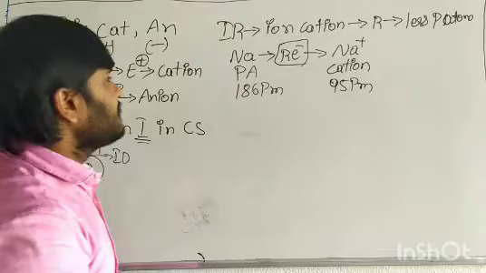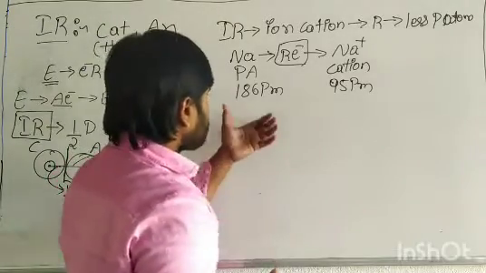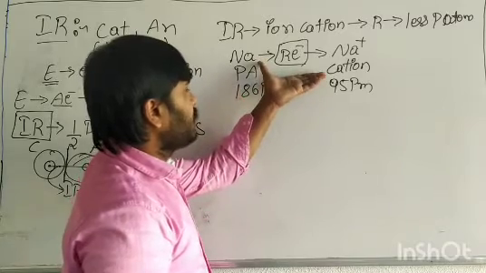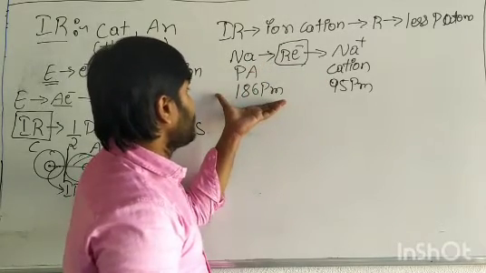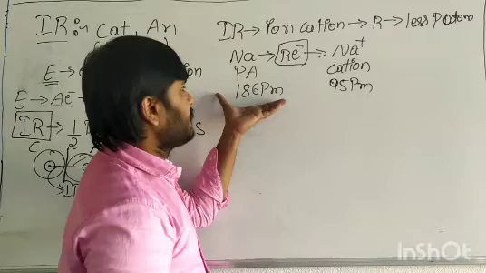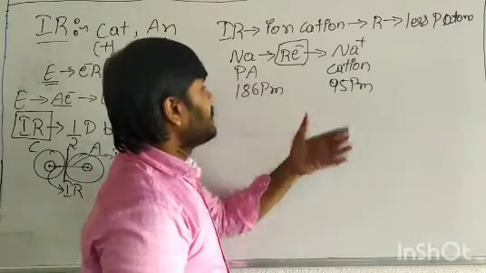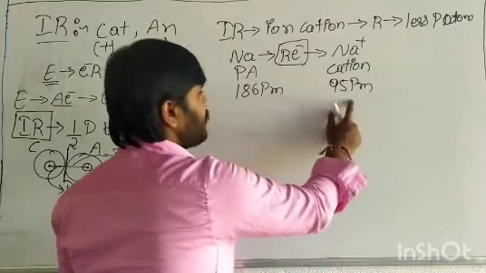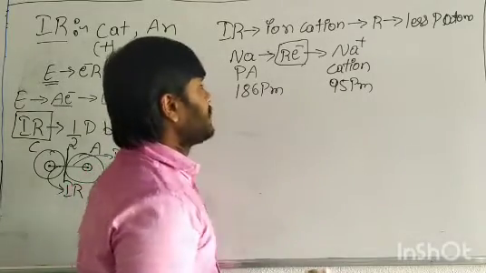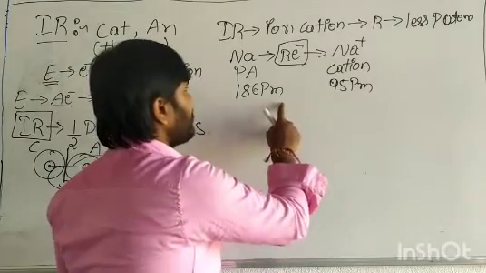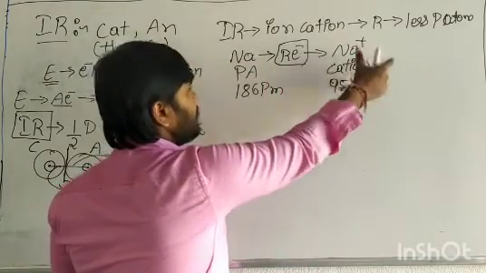Did you get this, guys? Sodium in its atomic state, where there is no losing of electrons, has a radius of around 186 picometer, whereas in Na plus its radius is only 95 picometer. Large variations of radius take place when the parent atom generates a cation.